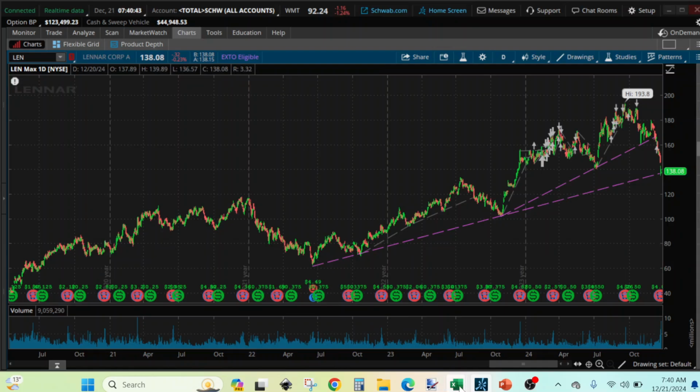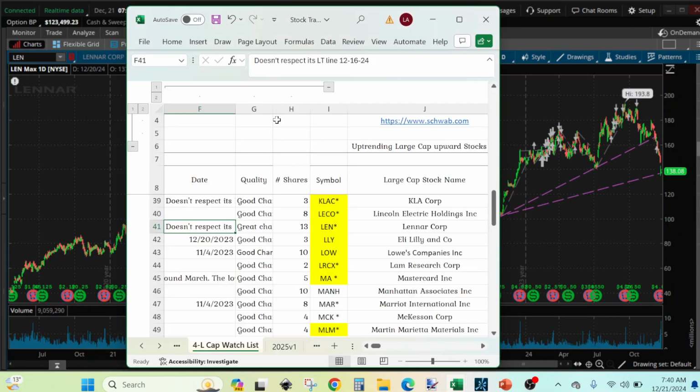So what I will do is go back there. It does not respect its 1 year trend line anymore, but is moving back to its long-term line.